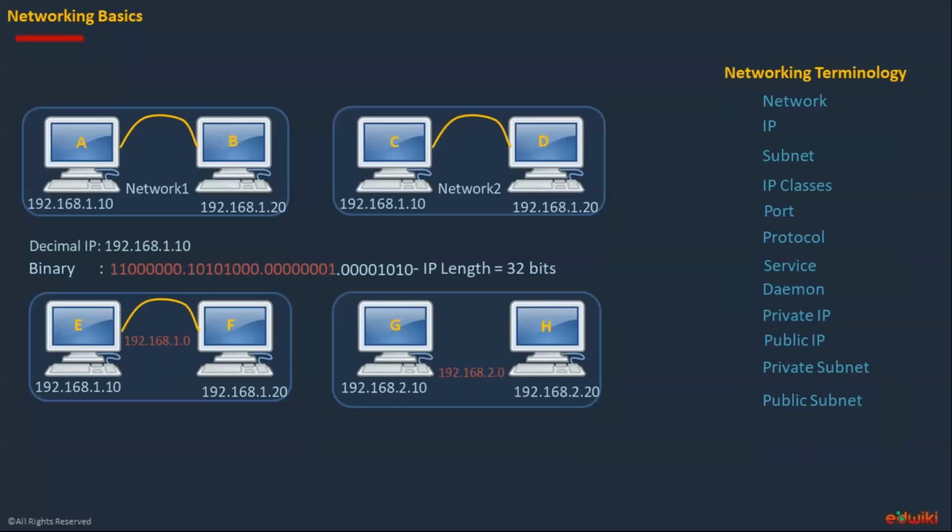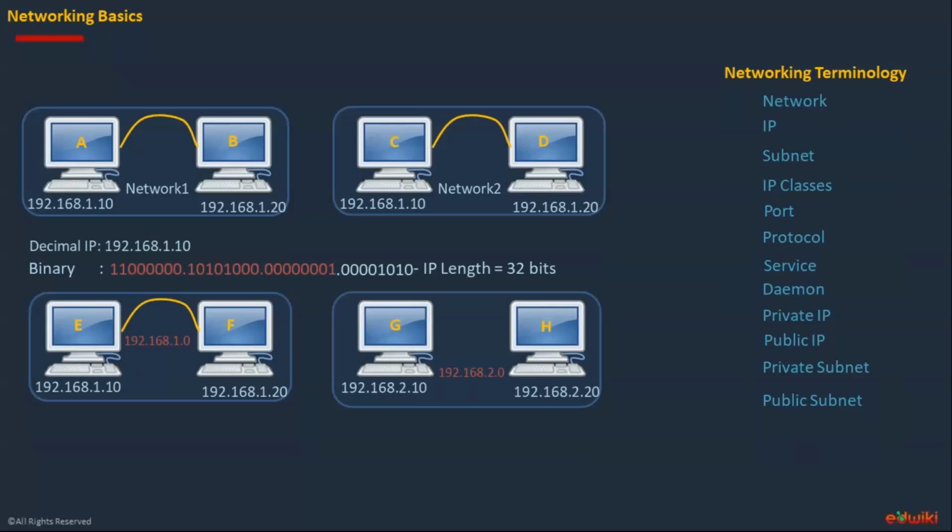When I give you two servers, how do you know whether these two servers belong to the same network or to a different network? Why? If they belong to the same network, they can communicate. If they belong to two different networks, they cannot communicate. Hence it's very important for us to know whether the given two IP addresses belong to the same network or a different network.